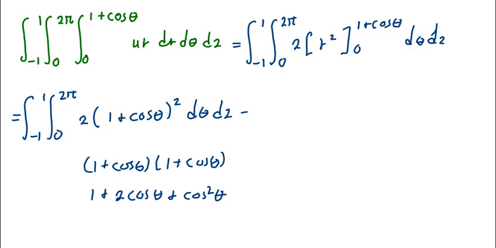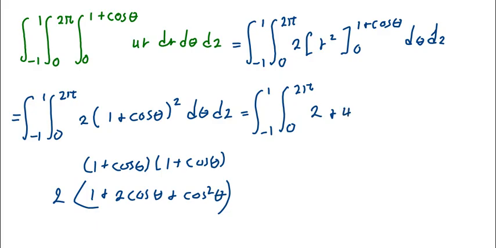So we have that from 0 to 2 pi, and remember we have a 2 outside, so this is going to be 2 plus 4 cos theta plus 2 cos squared theta, then here you have your d theta dz.